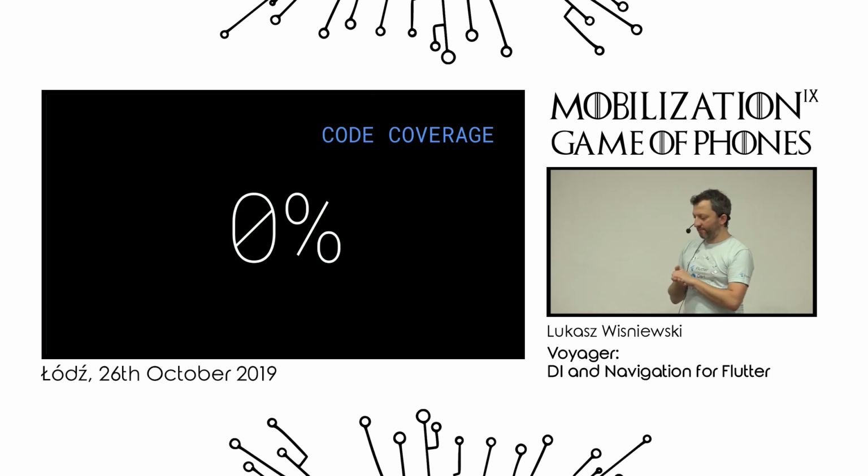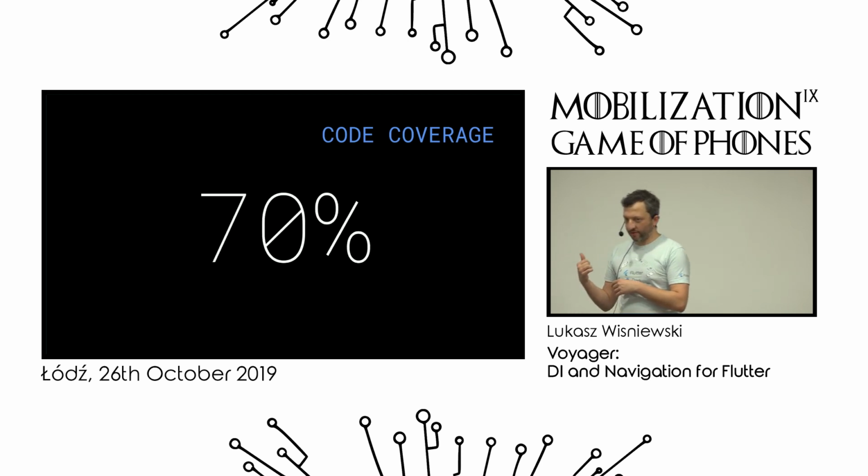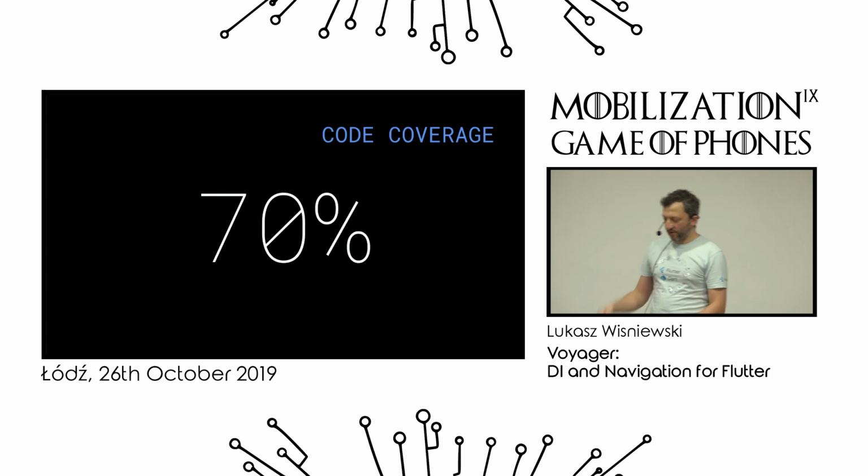To give you an example, in the sample app that comes with the Voyager library, by having one scenario implemented per path, and there are two paths, so two scenarios, the coverage jumped to 70%, which is pretty good, I think.